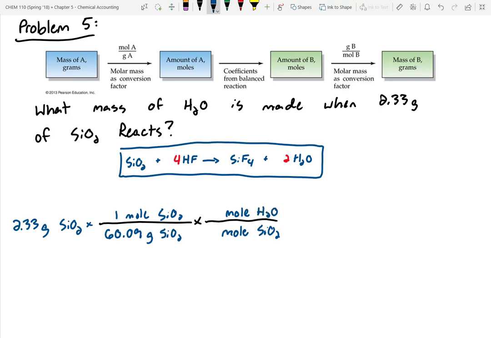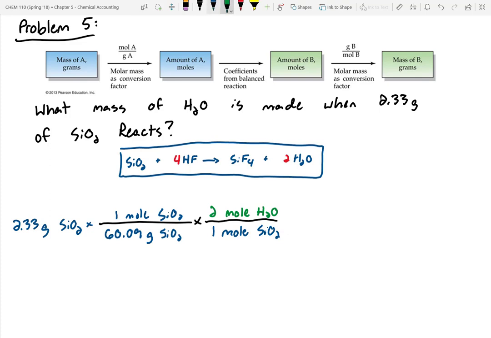Now the question is, what's the ratio of moles of water to moles of silicon dioxide? Looks like we've got 2 water molecules for every 1 mole of silicon dioxide, right? So it's a 2-to-1 ratio. In fact, I'm going to change colors here just to make it the same. Okay, so we've got 2 moles of water for every 1 mole of silicon dioxide.